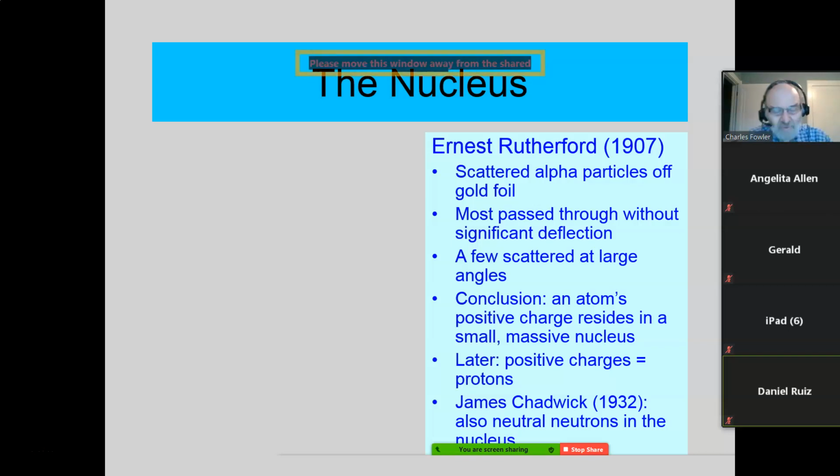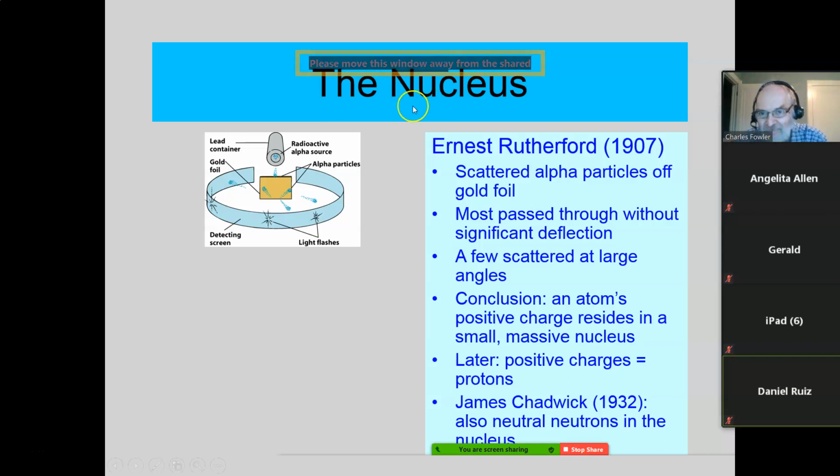Okay, so that's how the nucleus of the atom was discovered, really by accident. Rutherford was set up to measure something else, and when he couldn't measure that, he turned it around and found out what was really going on.